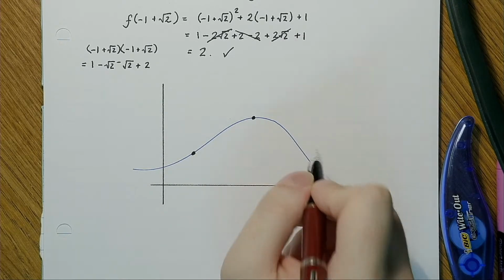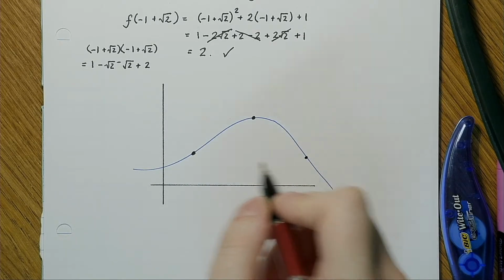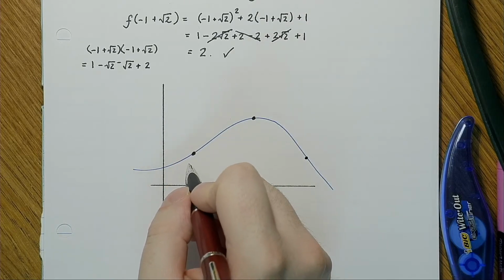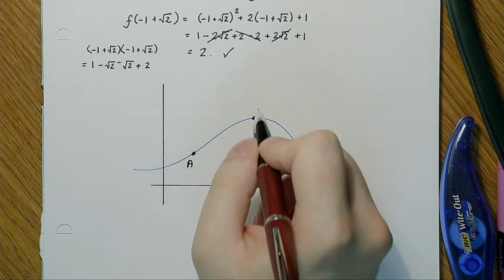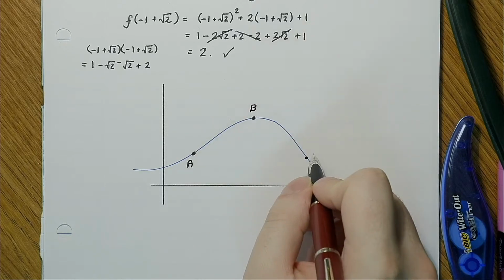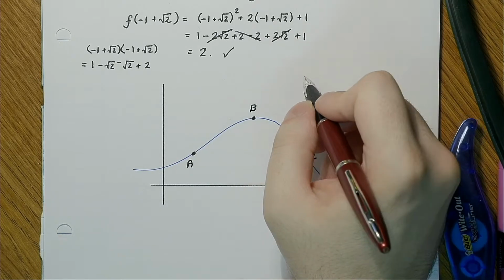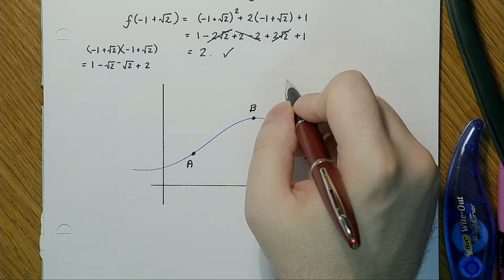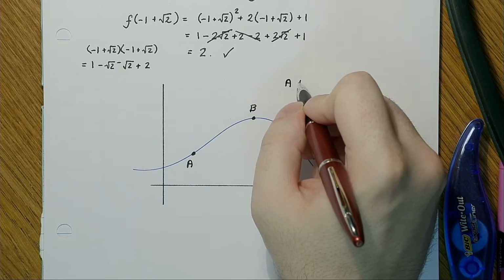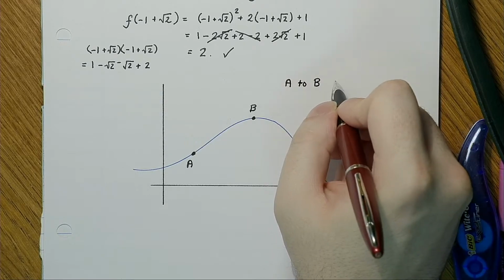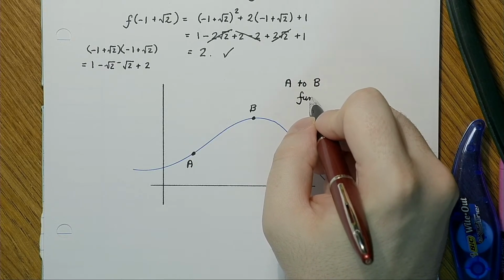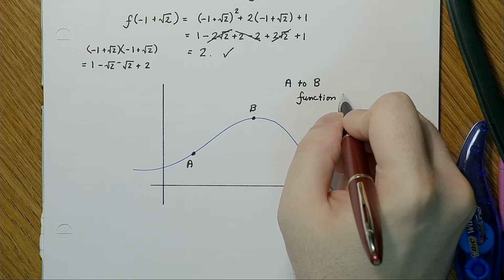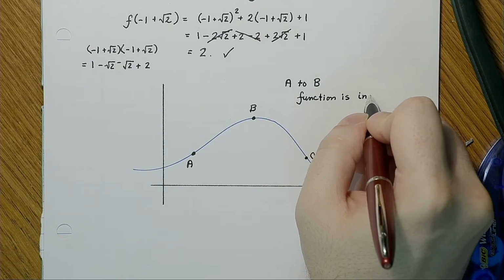And over on this hand side, I have, say, here, which I'll call point A, and point B, and here's point C. We can see that from A to B, the function is increasing.